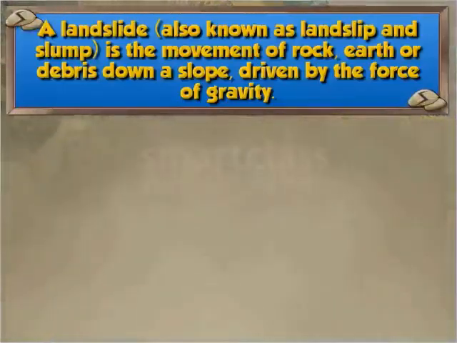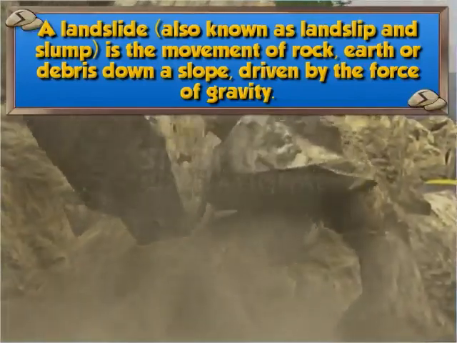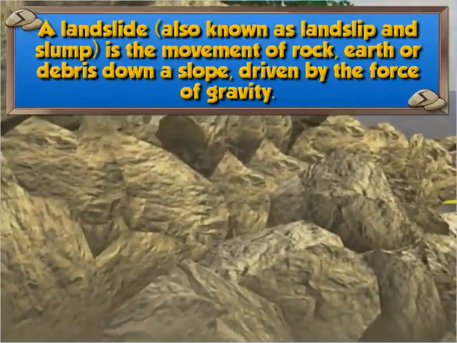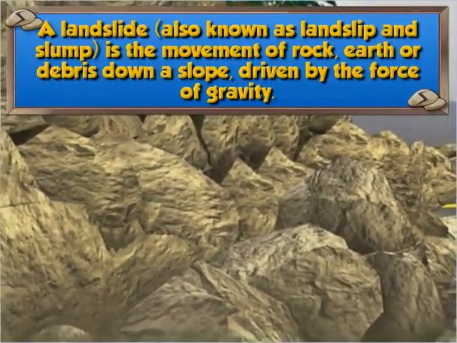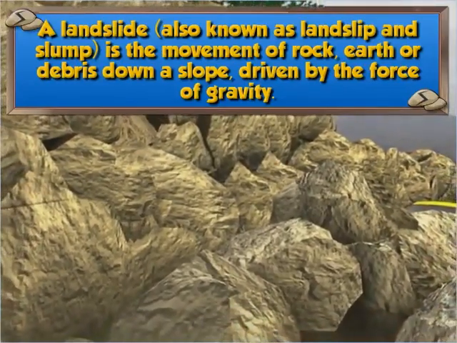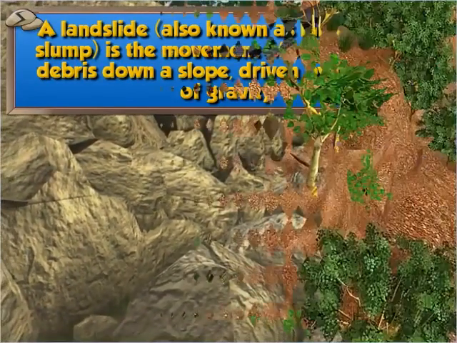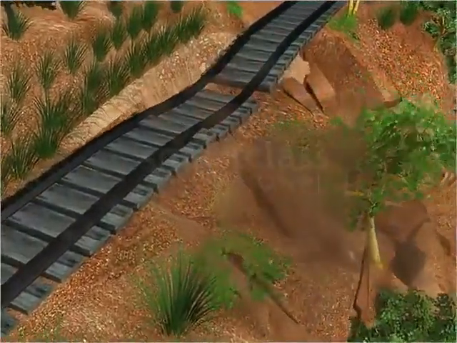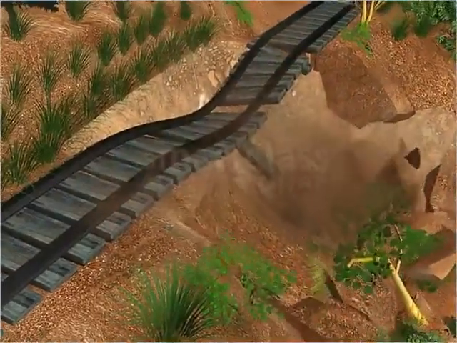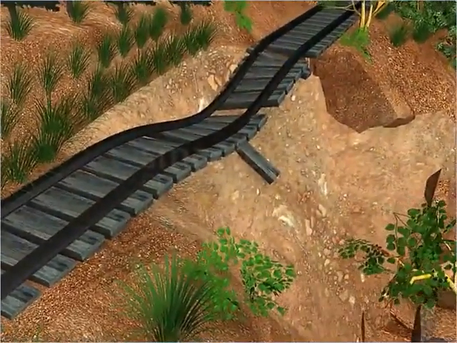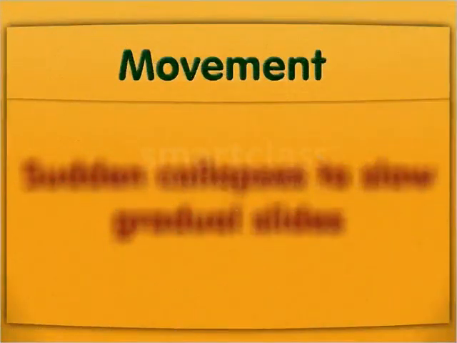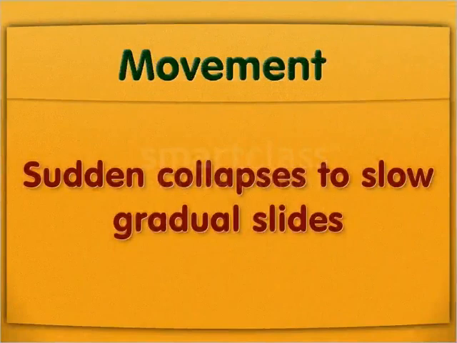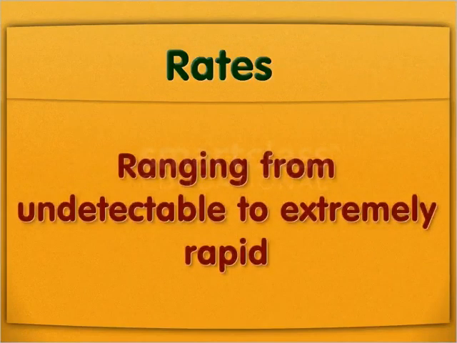Landslide. A landslide, also known as landslip and slump, is the movement of rock, earth or debris down a slope driven by the force of gravity. The movement of landslide material can vary from sudden collapses to slow gradual slides, and at rates ranging from undetectable to extremely rapid.